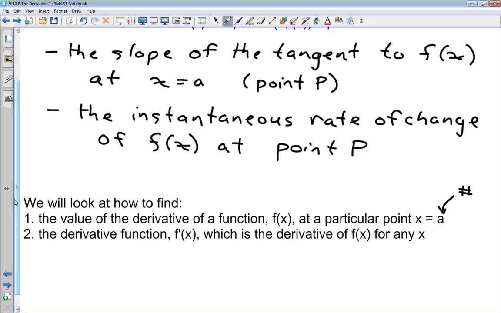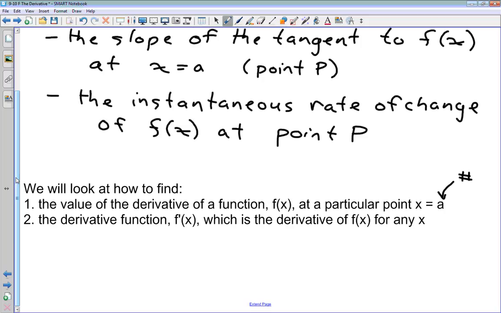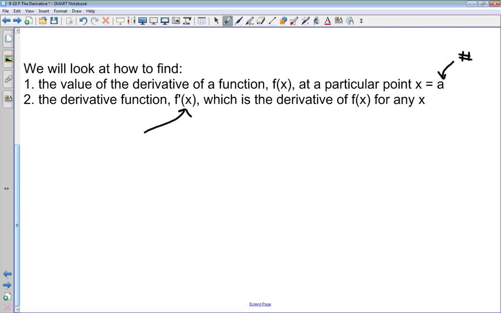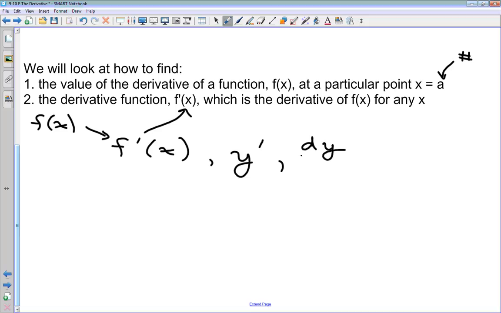And we use this symbol here for the derivative function. It's f primed at x. Okay, so if our original function is f at x, our derivative function is f primed at x. You'll also see notations like y primed or dy dx. All of these are used to represent the derivative.